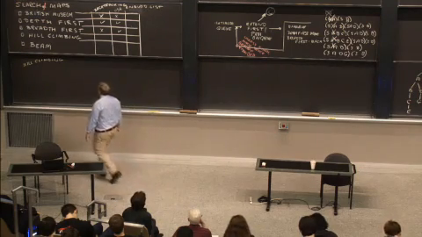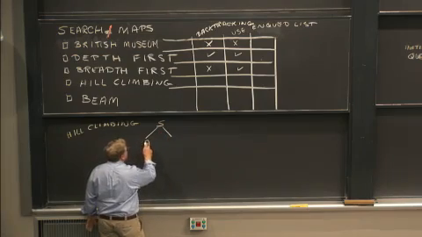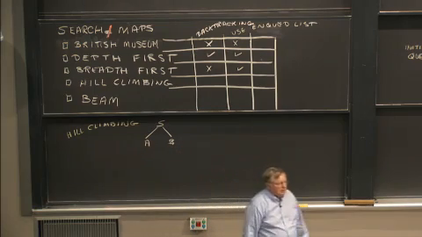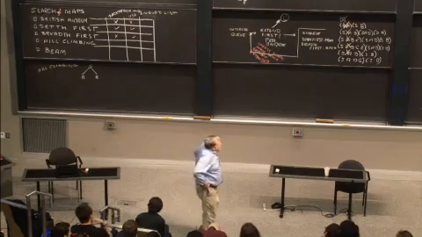So in a hill climbing search, just like a depth first search, we have A and B, and we're still going to list them lexically underneath the parent node. But now, which one is closer to the goal?